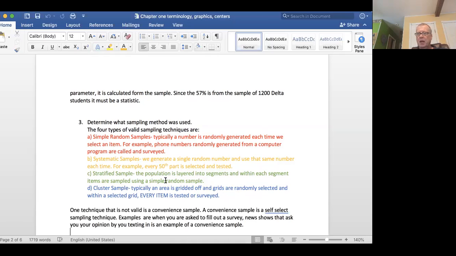Then you randomly select, using a simple random sample or a systematic sample, a number of grids on that city. And then you interview every item within that grid. So if you leave something out in that grid, you don't have a valid cluster sample.